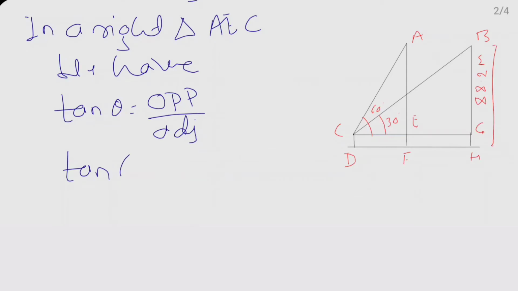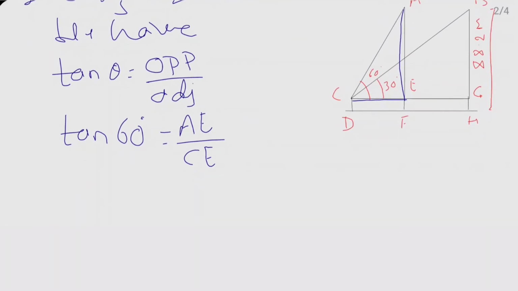So tan 60 equals opposite, which is AE, divided by adjacent, which is CE. And now here we know that the tan 60 value, that is root 3, equals AE. Look at the figure. AE equals AF minus EF.